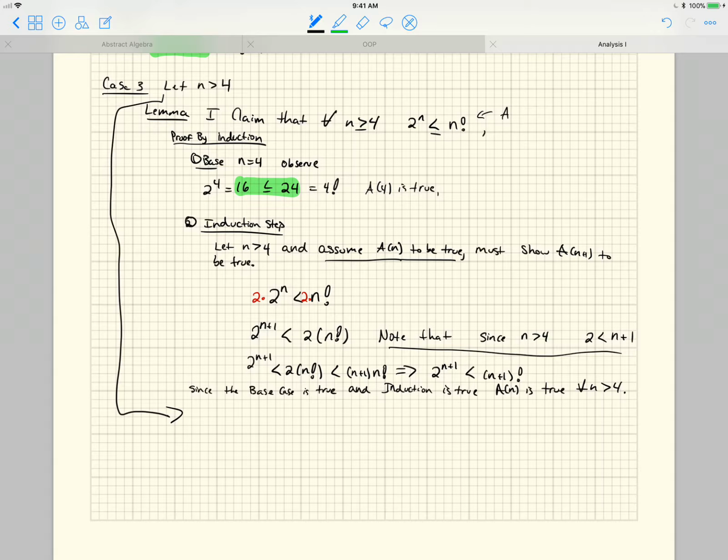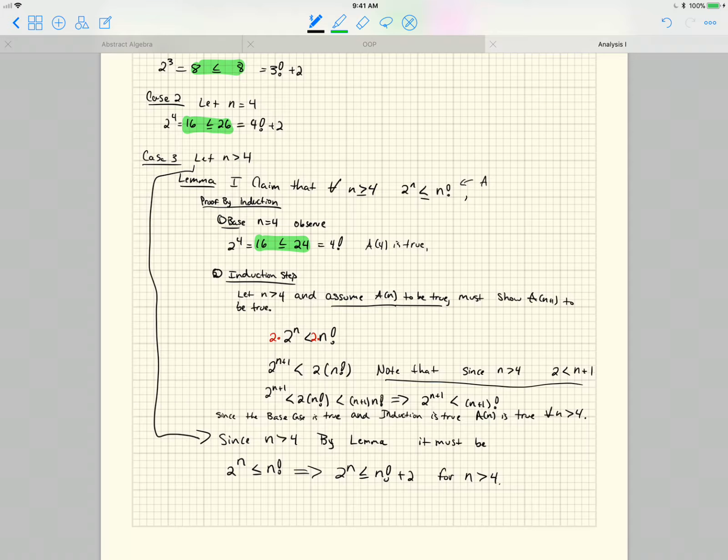So if we bypass our lemma, since n is greater than 4, by the lemma, it must be that 2^n is less than or equal to n!, which actually would imply that 2^n is less than or equal to n! + 2, right, for n greater than 4.